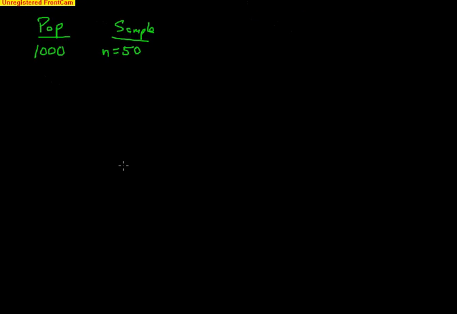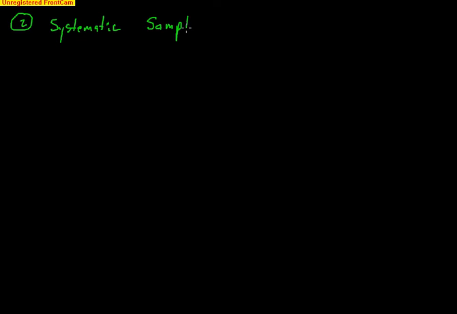Okay. The second good method of selecting a sample is known as a systematic sample. A systematic sample is very easy to understand.